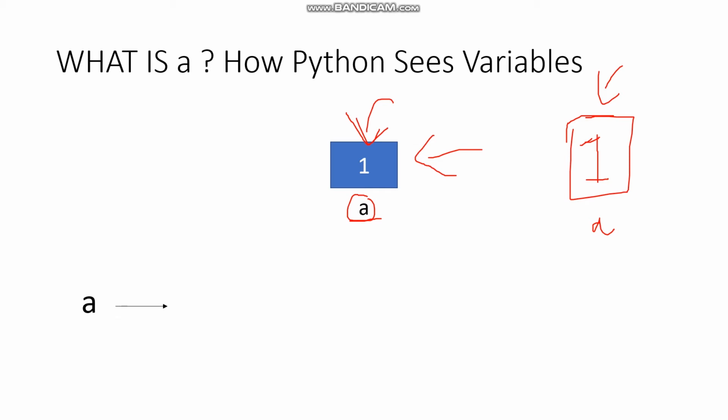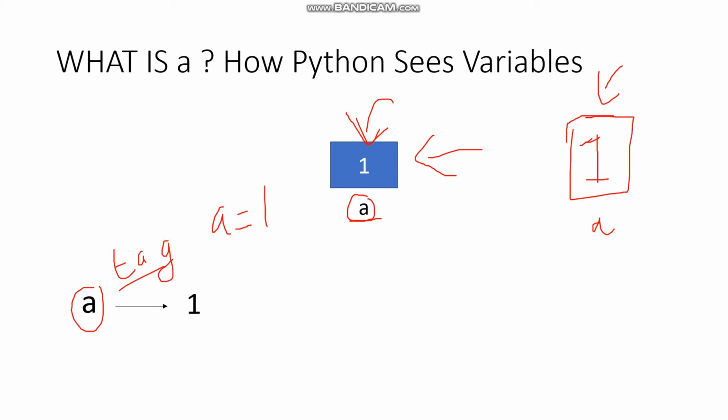In Python, a variable is seen through tags. When you write a is equal to 1, the variable a is created and it tags to 1.